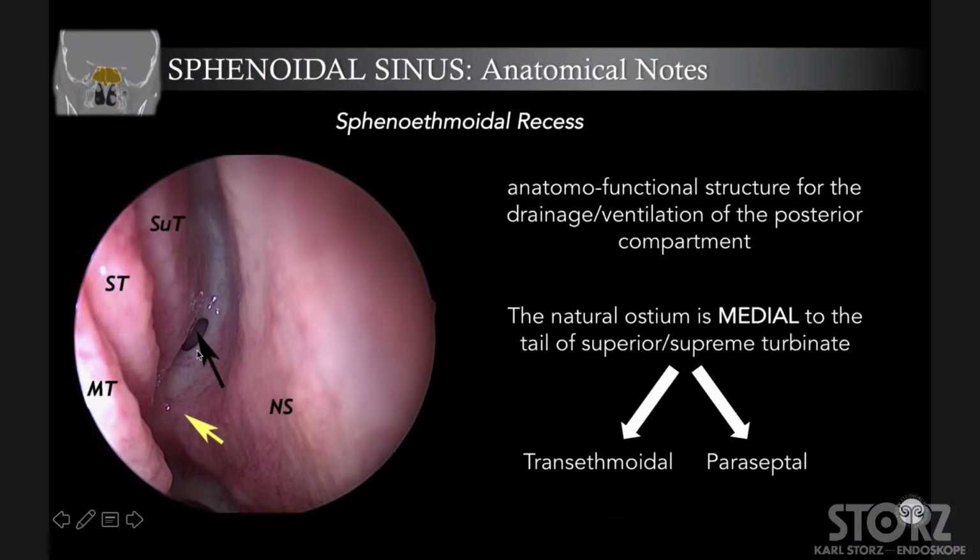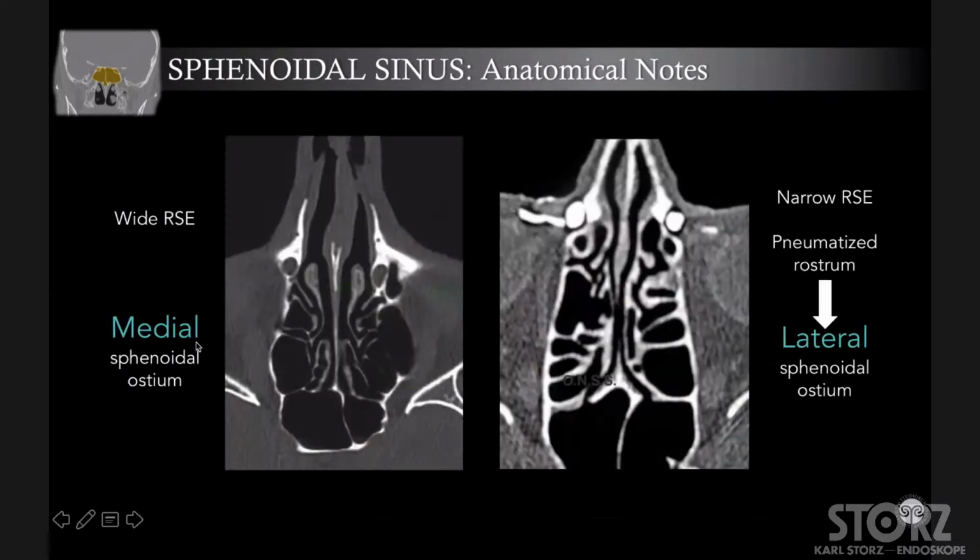The position of the natural ostium of the sphenoid sinus strictly depends on the level of pneumatization of the rostrum sphenoidalis, because the more the rostrum is pneumatized, the more the natural ostium of the sphenoid will be lateralized. So this is an important variation that should be identified exactly on the preoperative CT scan.